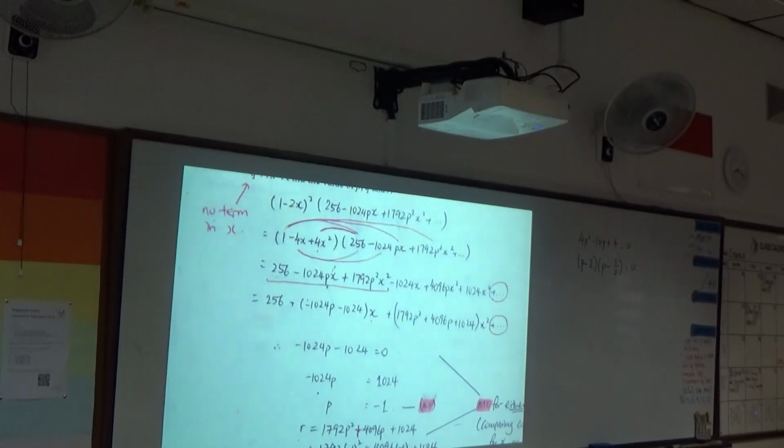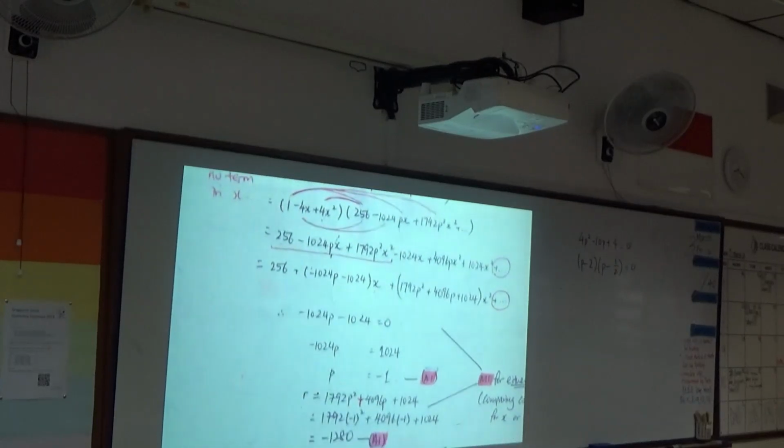We do the same for the value of finding r. We equate this with r itself, and then you will find that r equals to negative 1280. Most of you can find q, that is 256. I shift things up a little.